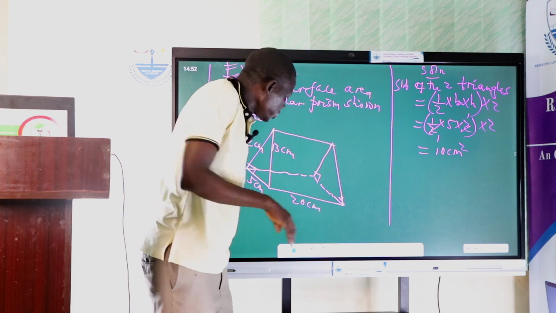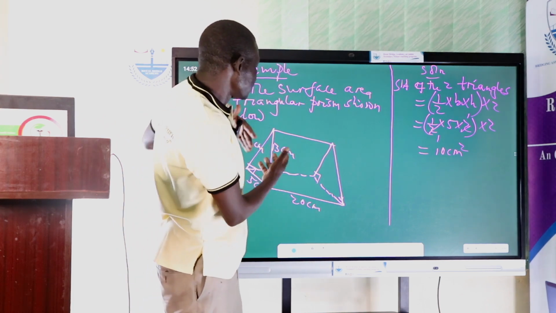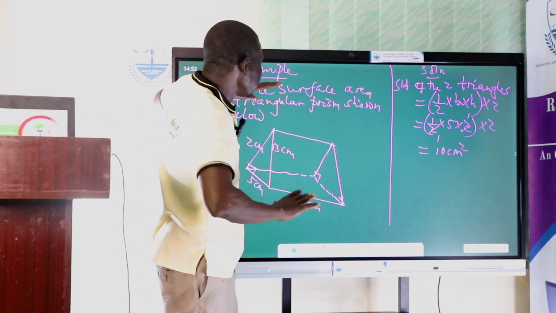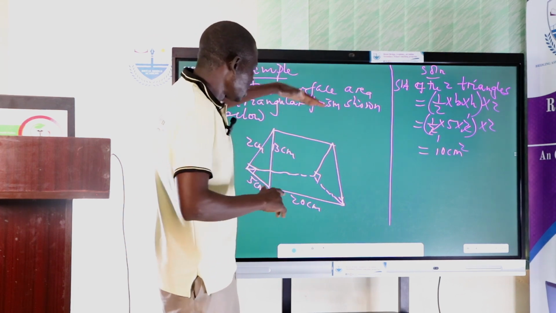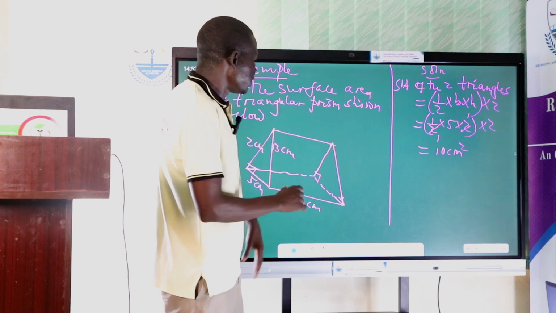Then, when you look at this diagram, there are two adjacent rectangles. One this side, another one there. Two faces.